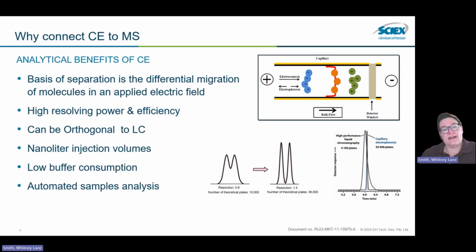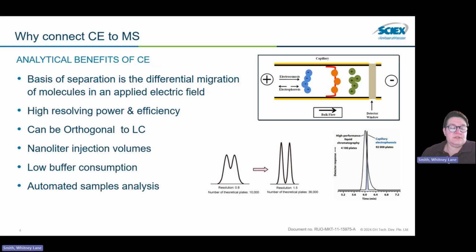This allows us to have a higher resolving power and efficiency in comparison to LC. We're not trying to replace LC. We will never replace LC, but we can show things differently than LC can.